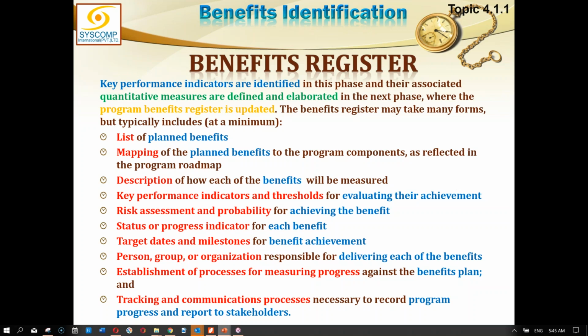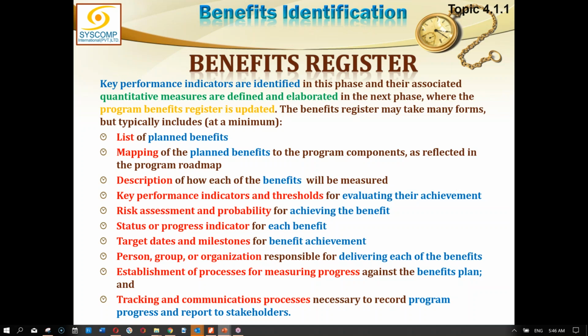Risk assessment and probability is very interesting because in achievement of the benefits, there might be certain risks. So what are those risks and what is the probability of each one of those risks? So risks associated with each benefit must also be listed down if possible. I'm saying if possible because you may or may not have this much detail available at the time of benefit identification, but if you do, then jot it down.